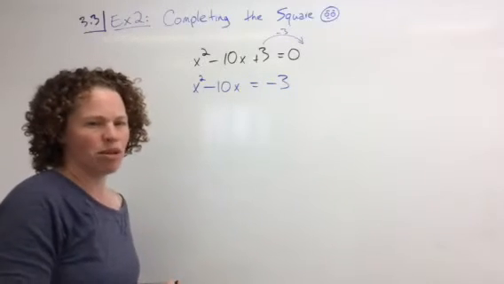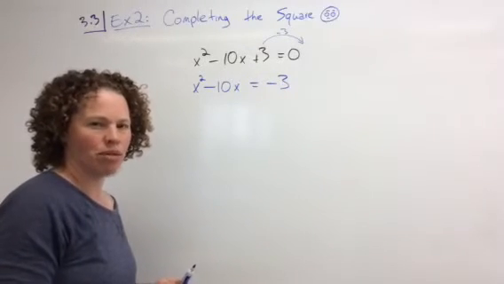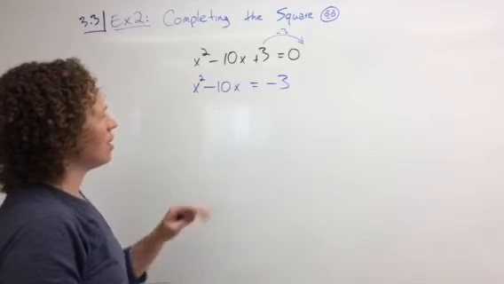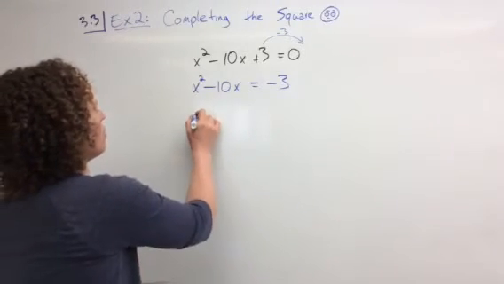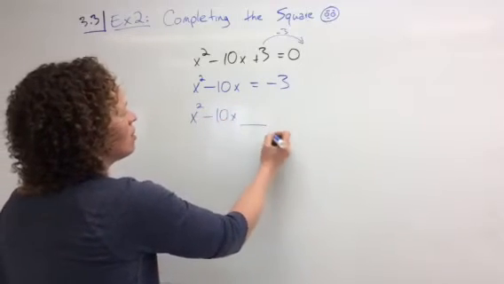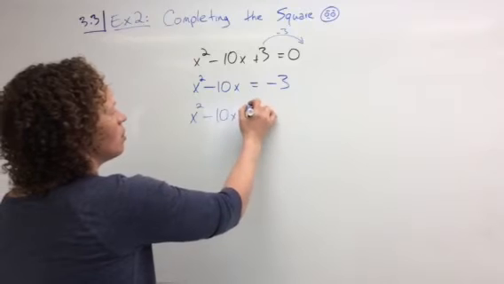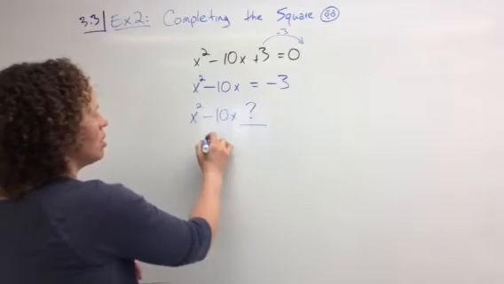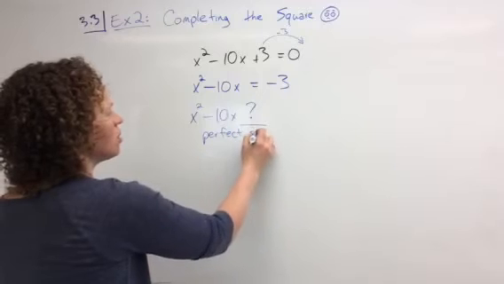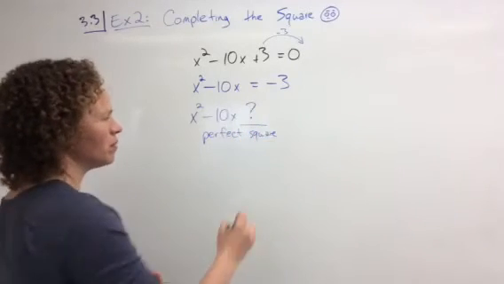It seems maybe kind of strange at this point, but bear with me. What we want to do now is look at this side and ask ourselves, if we had this pattern and then another number, what would this number be in order to make this factorable into a perfect square trinomial?